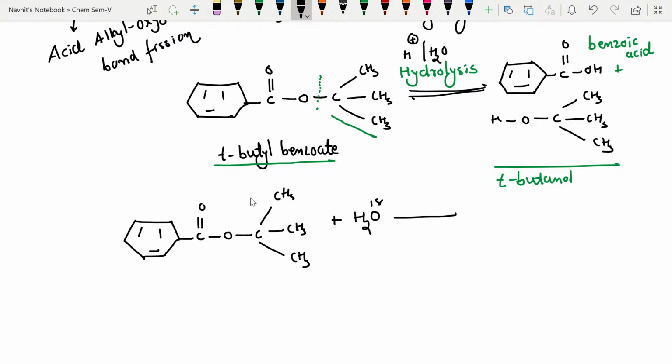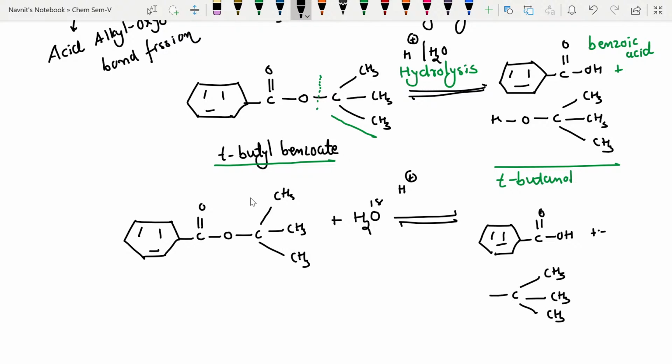When we hydrolyze it in the presence of acid as a catalyst, we get benzoic acid and tertiary butanol, but the labeled oxygen is with the alcohol, not with the acid.